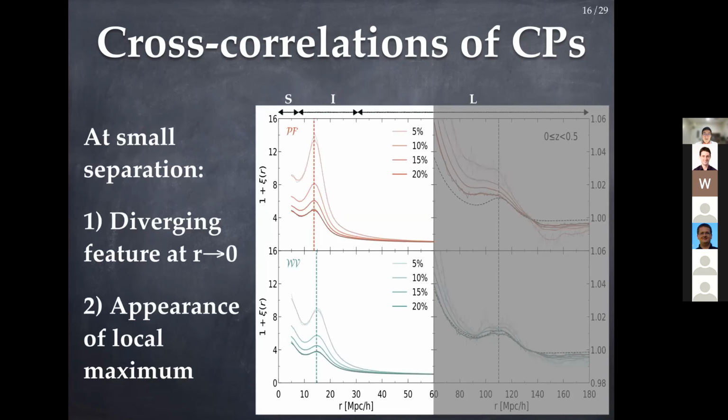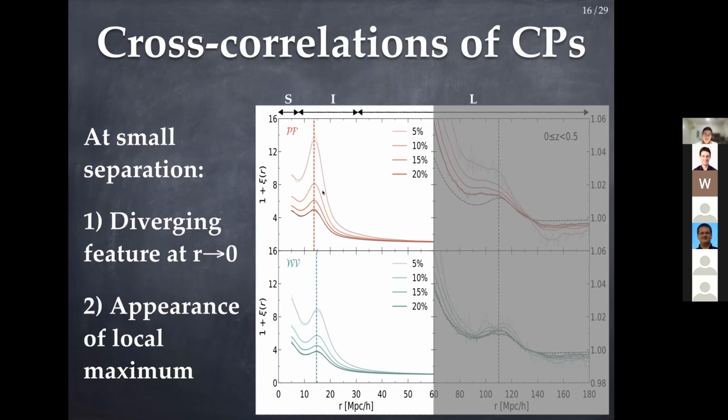And finally, this is the second type of cross correlations, pairing overdense peaks to overdense filaments, and underdense walls to underdense voids. And again, now you have totally a new picture. You have a divergent feature at very small separation, although it's truncated.